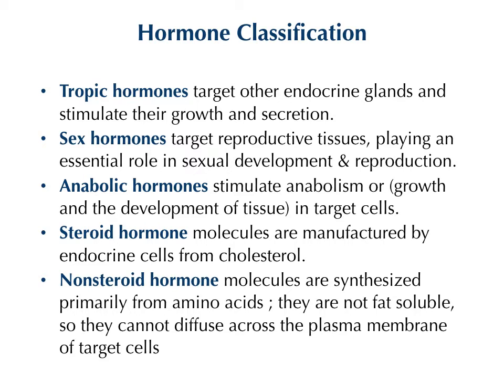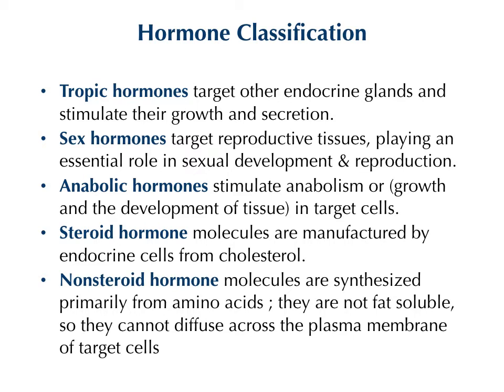Anabolic hormones stimulate anabolism, or the growth and development of tissue in target cells. And you know that bodybuilders often abuse anabolic hormones to build their muscles up, and it has long-term consequences for them that are also very bad.